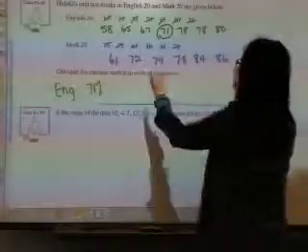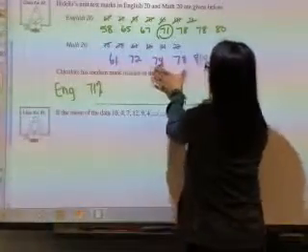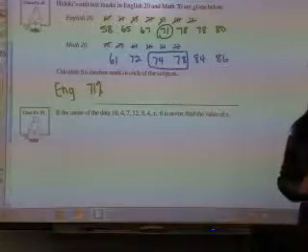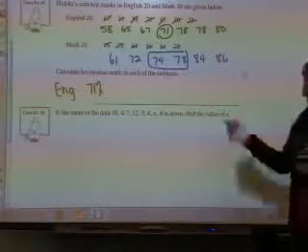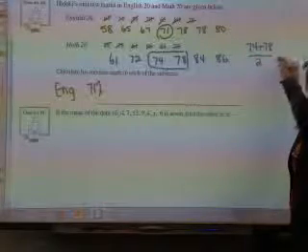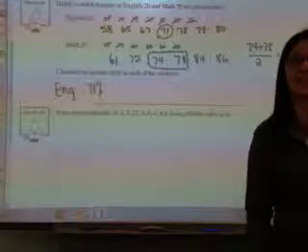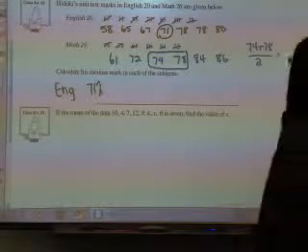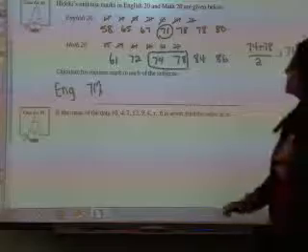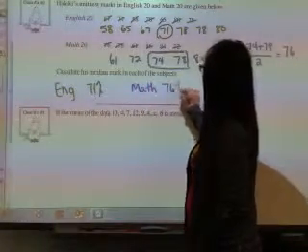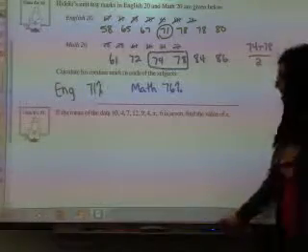If I start from the outside and work my way in, I have two center values. I have 74 and 78. So I find the average of those two. Where's the middle between 74 and 78? 76. So the math median is 76%.